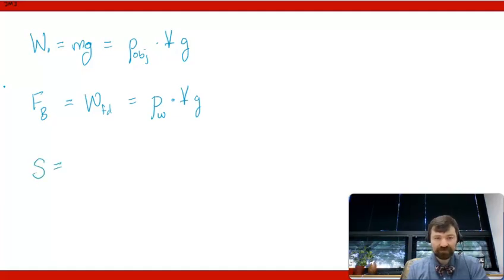S, on the other hand, is defined as the density of the object divided by the density of the water. But we could easily rewrite this equation by multiplying both top and bottom by volume times free fall acceleration.